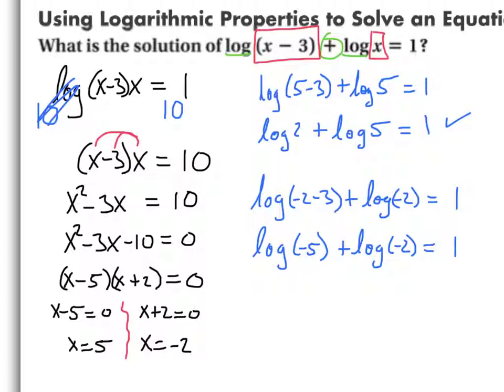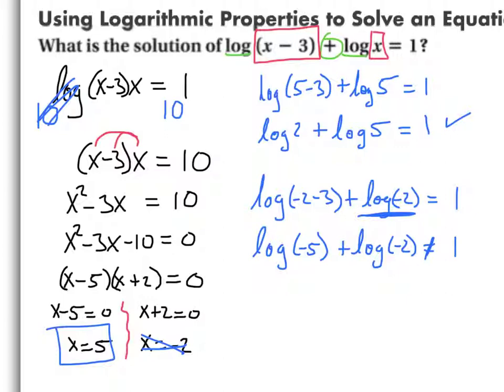Why? Because we just got done saying, folks, that we can't take the log of a negative number. So as soon as you saw that you're taking log of negative 2, you should just stop and say, can't be done. So x equals 5 is the correct answer, and it's the only correct answer.